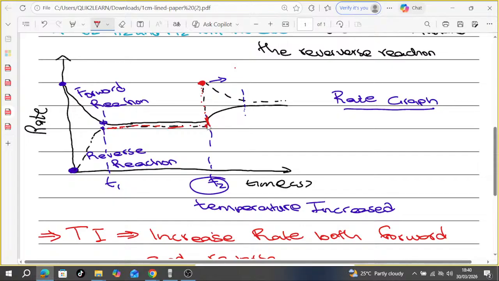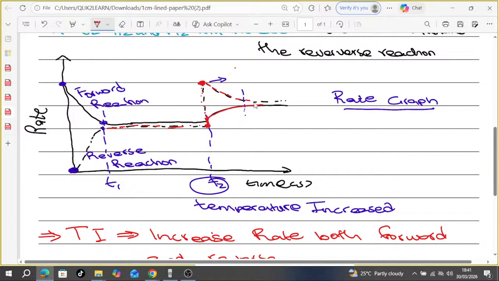How can I explain this and say the reverse reaction is favored? Because now we are using the products to create more reactants. Can you see that the reactants are no longer decreasing, they are increasing? Can you see that?